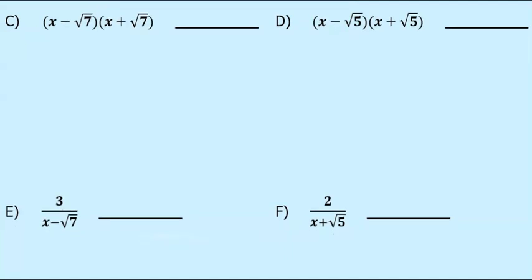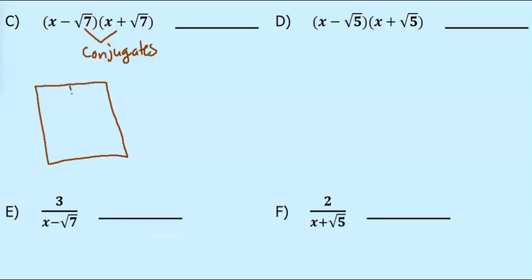Alright, let's do C. This is a difference of squares where these are conjugates. So we're going to do the box method and find the area of the 4 boxes. So we have x minus square root 7 on the side and x plus square root 7 on the top.